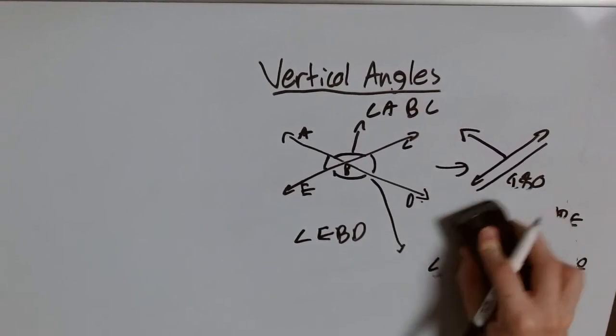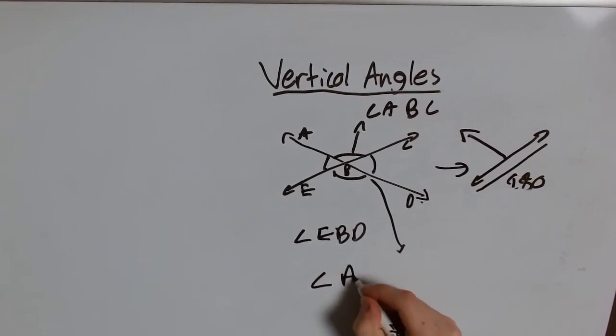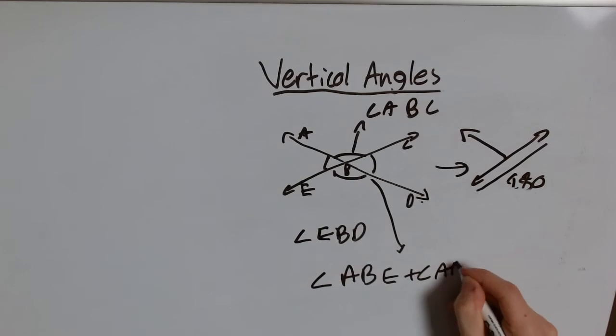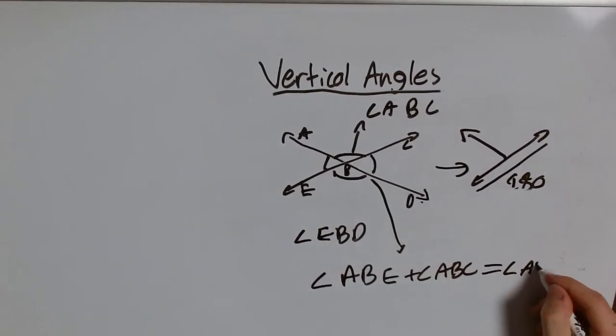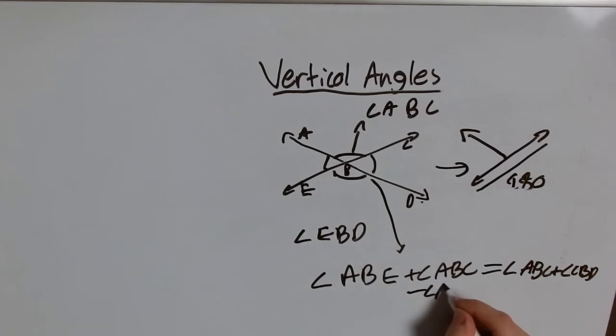I'll rewrite that. We have angle ABE plus angle ABC is equal to angle ABC plus angle CBD. Well, I have ABC on both sides here, so I can subtract ABC.